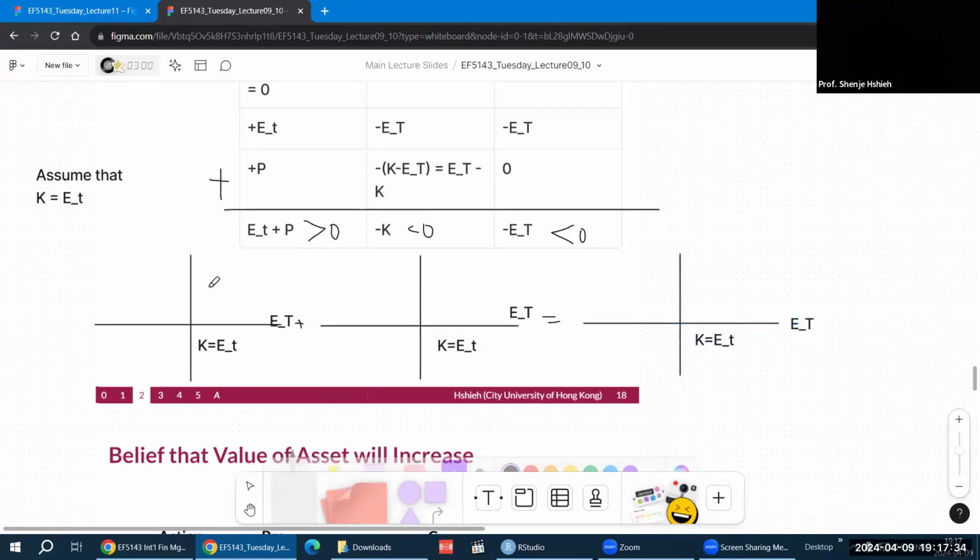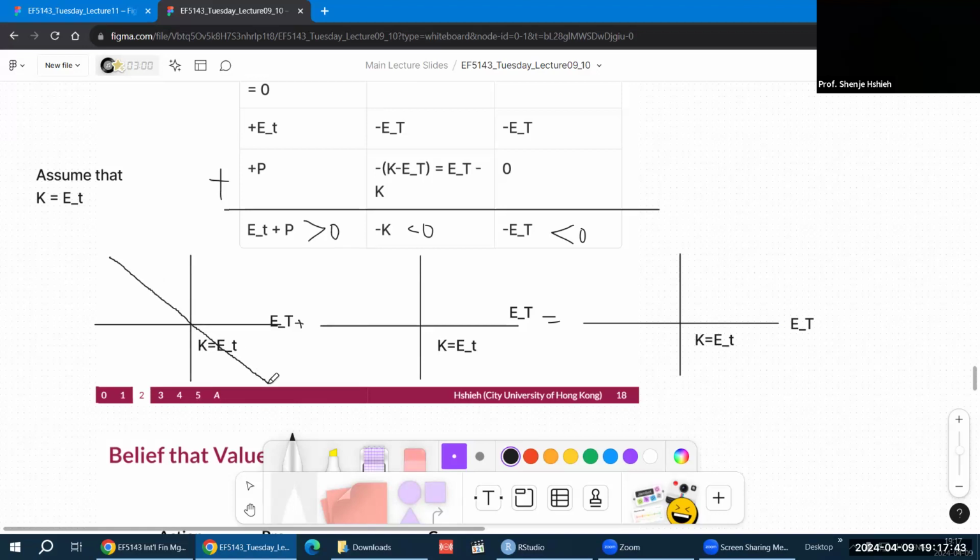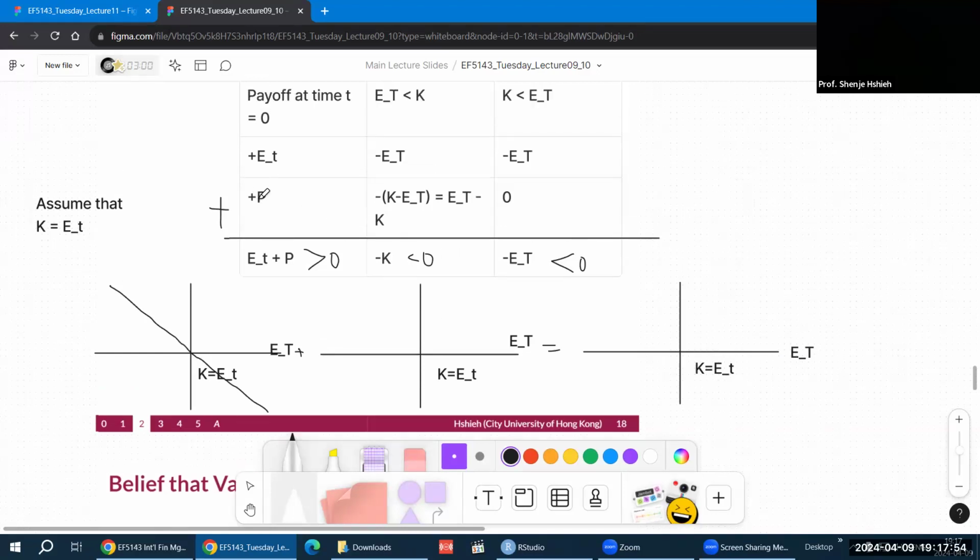All right, so the liability is a downward sloping curve because we are shorting the asset. If the underlying asset becomes lower in value, I can buy it back cheaper and make a profit. Otherwise, I'm losing money because I'm buying expensive in the future. Our hedge is going to be a short put.